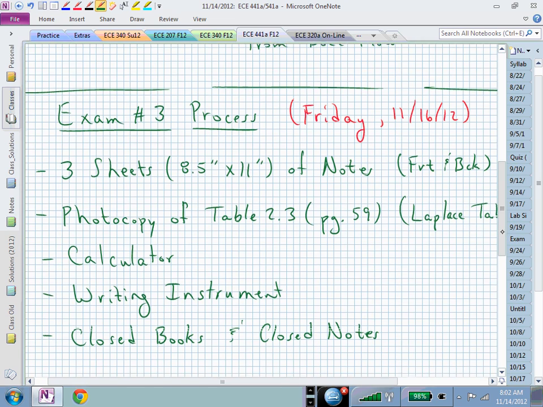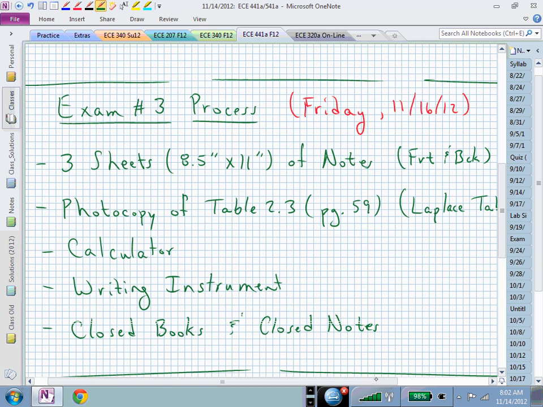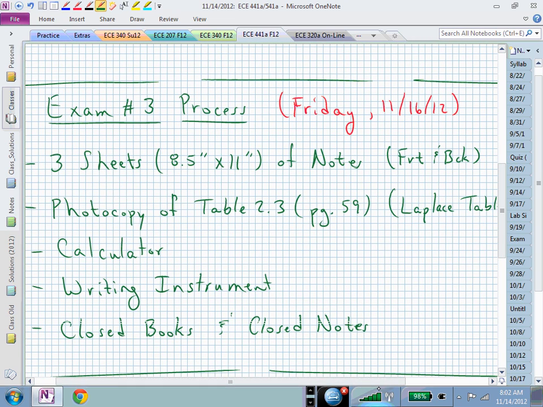Just as a reminder, here is what I'm thinking we should be aware of for exam number 3 in terms of the process. This is the 3rd exam, so go ahead and add another sheet of notes. You can use the front and back of those sheets, which are limited in size to the standard 8.5 by 11 inch page.